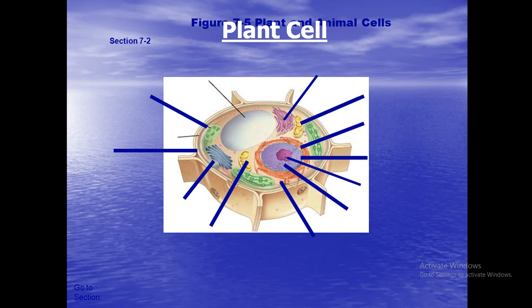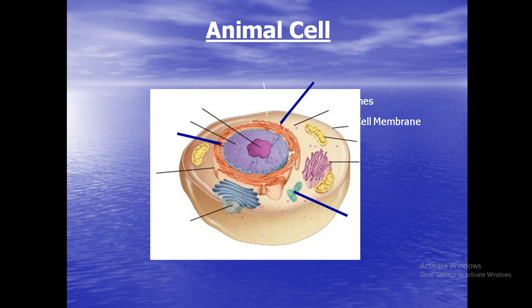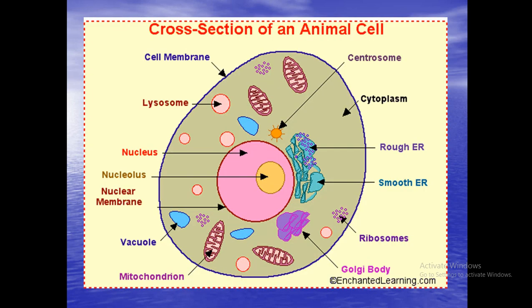Okay, this is one way of classifying the cell, prokaryotes and eukaryotes. There is also one more way where you can classify the cell into plant cell and animal cell. See, the plant cell. Then this is the animal cell. What are the major differences?